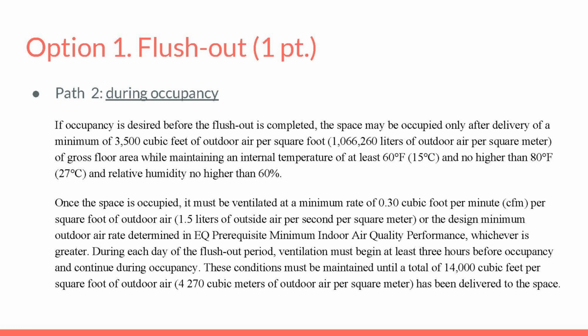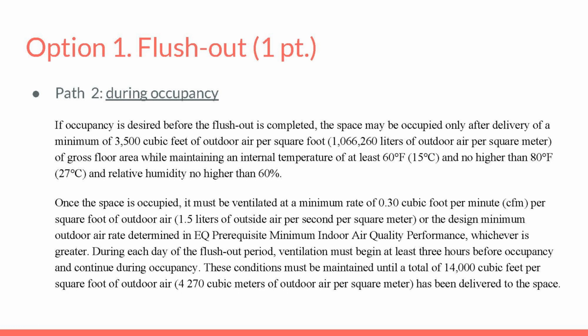Once the space is occupied, it must be ventilated at a minimum rate of 0.3 cubic foot per minute per square foot of outdoor air, or the desired minimum outdoor air rate determined in the IEQ prerequisite minimum indoor air quality performance, whichever is greater.